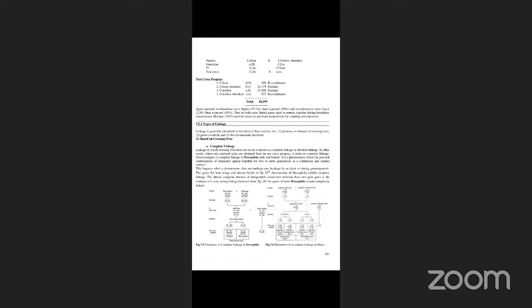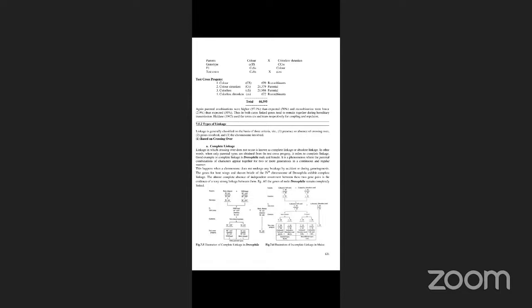Its plural is loci. If multiple genes are present on different loci which are very close to each other, you cannot expect any crossing over between those genes. So definitely those genes will be transmitted together to the next progeny. Such linkage is called complete or absolute linkage.